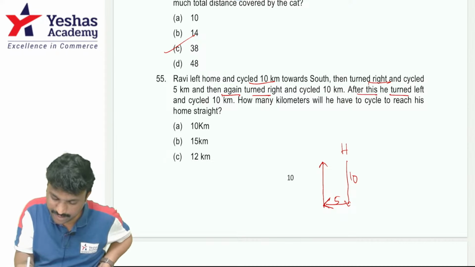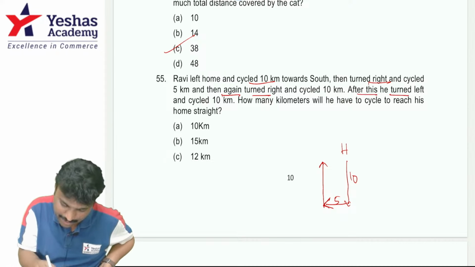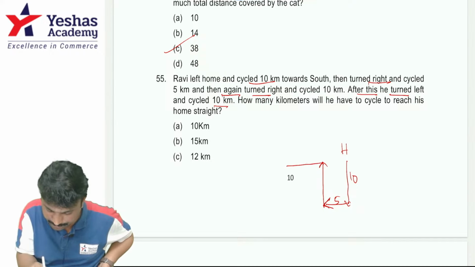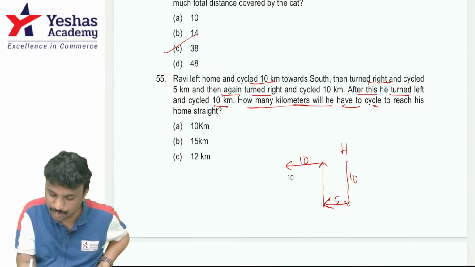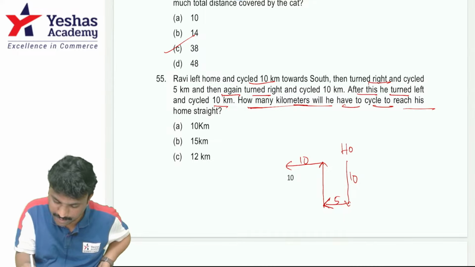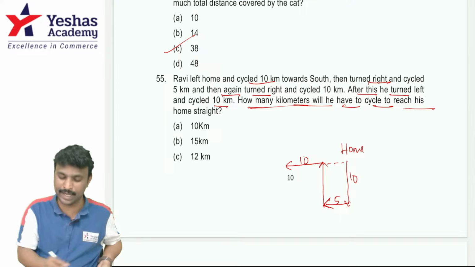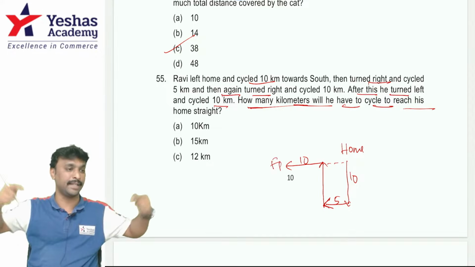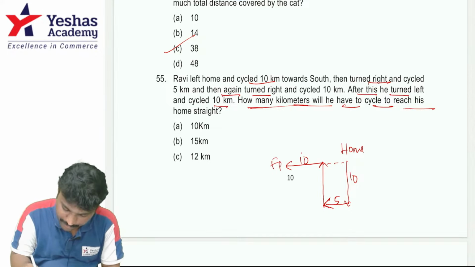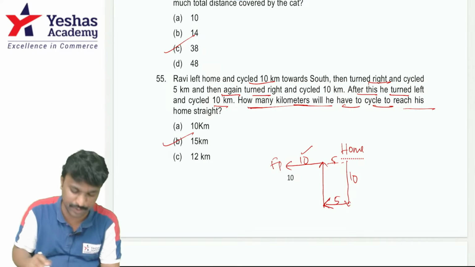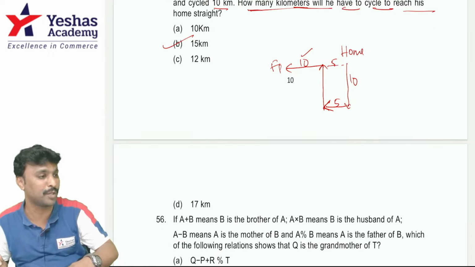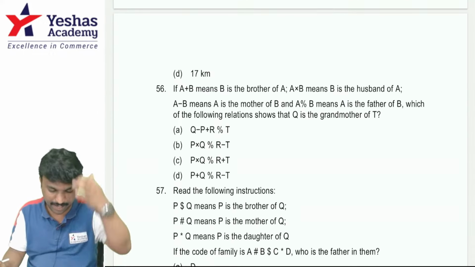And then after this, he turned to the left, left is our left only, and cycled 10 kilometers. In how many kilometers will he have to cycle to reach his home straight? Home is here. If you look, home and the final position are exactly in the same horizontal line. So this one is 10 kilometers, this one is 5 kilometers, 10 plus 5 is 15 kilometers he has to go straight to reach his home. Option B is the right answer.